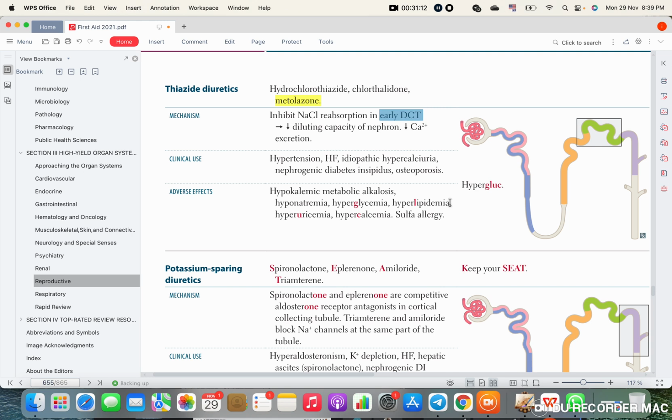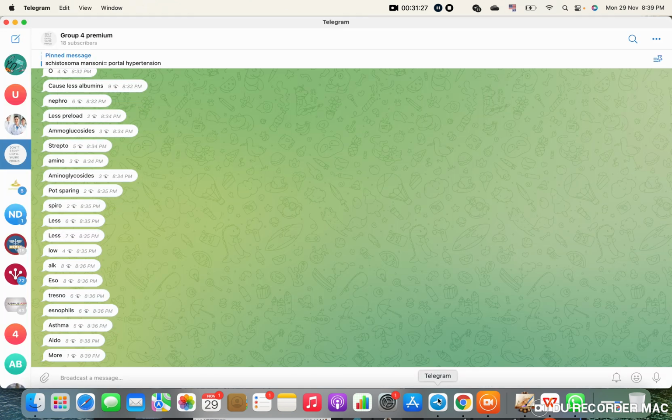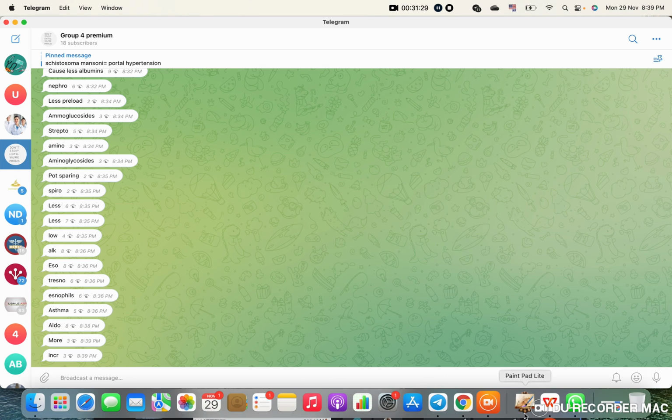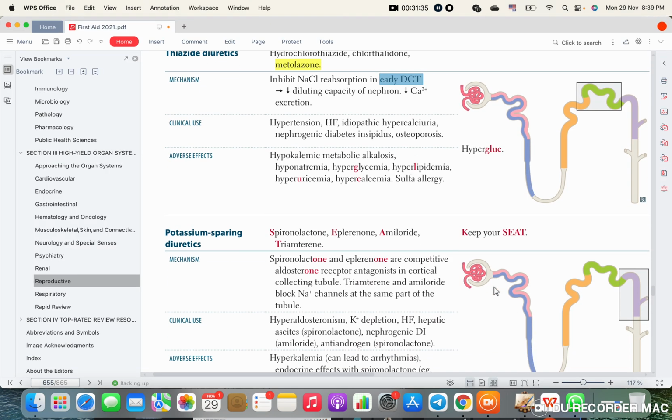If we have a lot of sodium chloride in the urine, what will happen to the volume of the urine? What will happen to the amount of the urine? Yeah, more urine, diuresis. Yes, because the sodium will suck more water. Okay, good. So moving on.